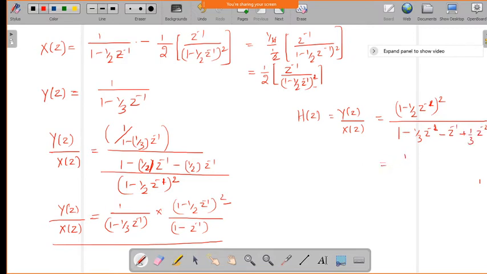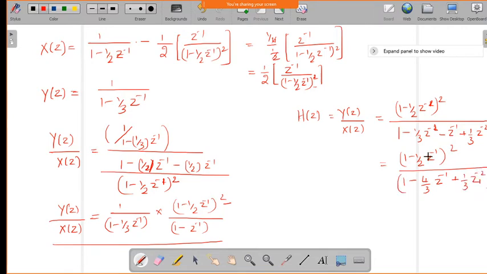So this will give (1 minus half into Z power minus 1) whole square, and this divided by 1 minus 4 by 3 Z power minus 1 plus 1 by 3 Z power minus 2.